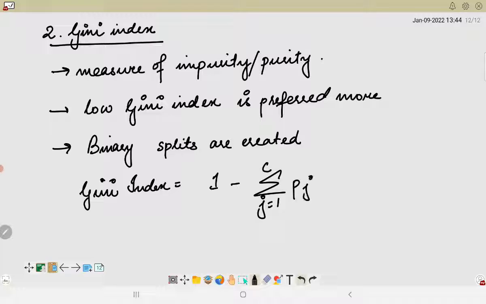Here p_j is the proportion of samples that belong to a class c for a particular node. So this is the formula for Gini index, and we can use this to calculate the best possible attribute.